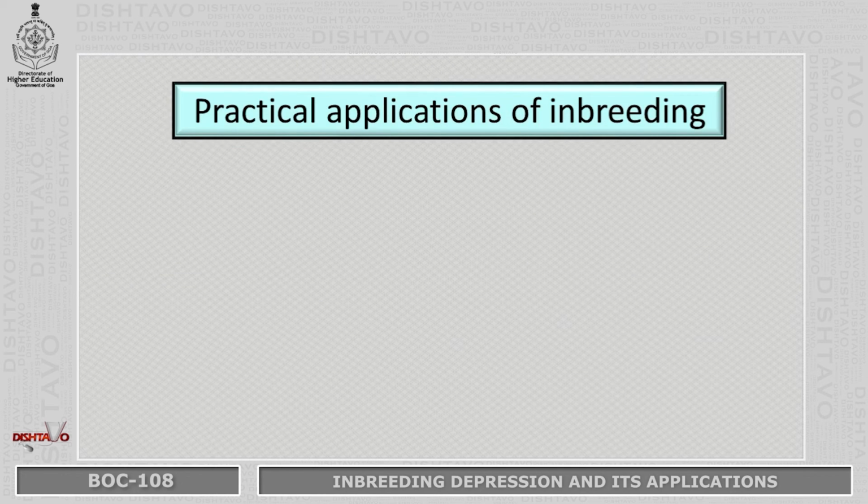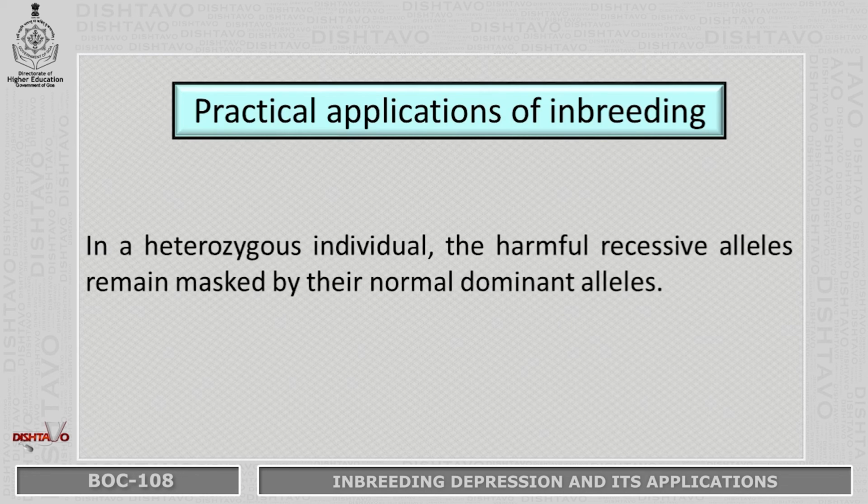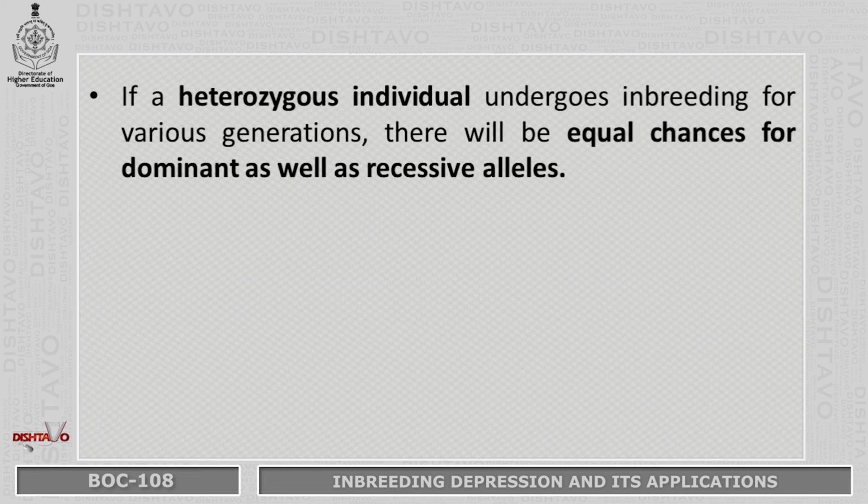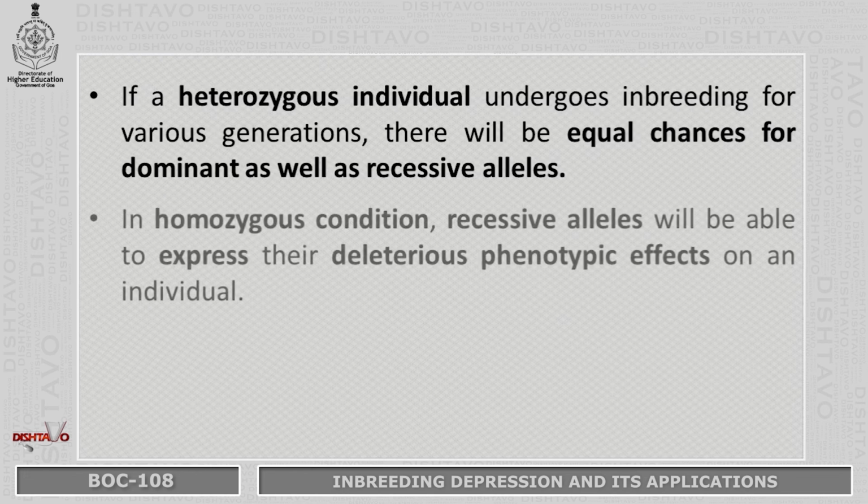Now let us learn about some practical applications of inbreeding. In a heterozygous individual, that is an individual having different forms of alleles or genes, the harmful recessive alleles remain masked by their normal dominant alleles. If a heterozygous individual undergoes inbreeding for various generations, there will be equal chances for dominant as well as recessive alleles to express.